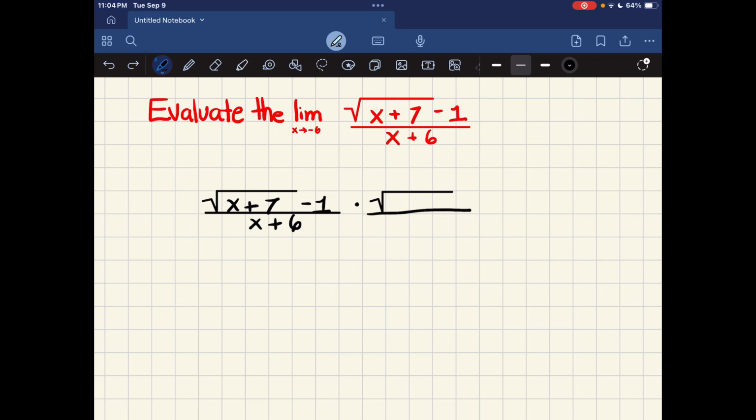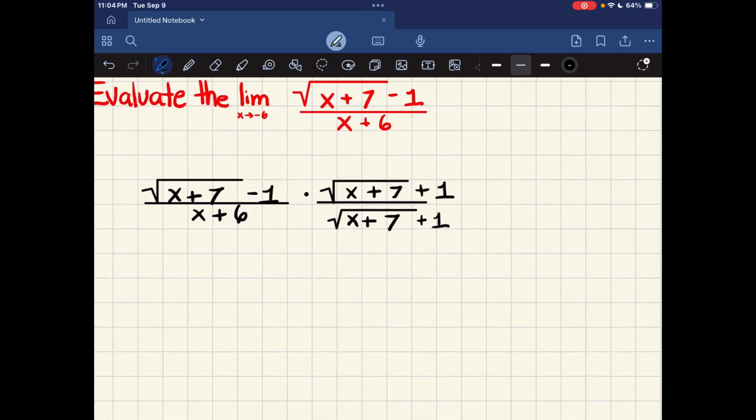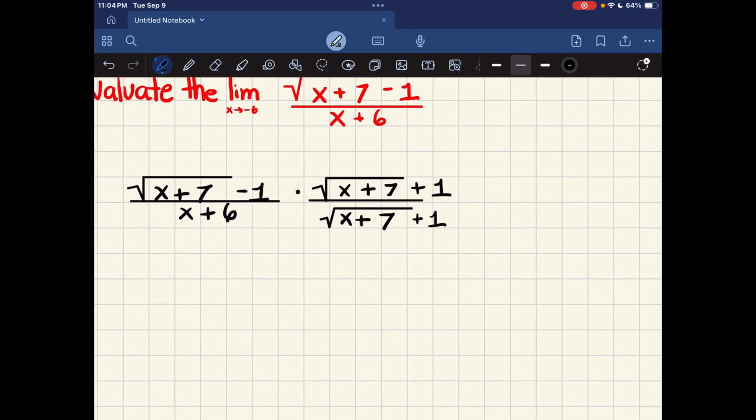Let me make that a straight line. Square root of x plus 7, plus 1, and x plus 6 times square root of x plus 7, plus 1. So as you can see, the numerator is just going to be squared, because it's simpler to write it as squared than repeating it.